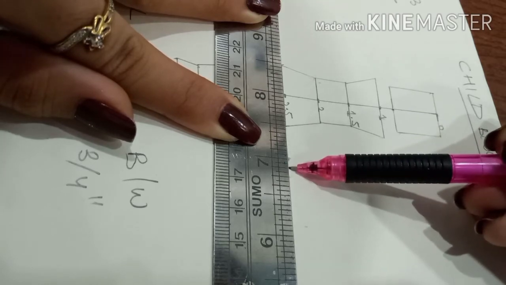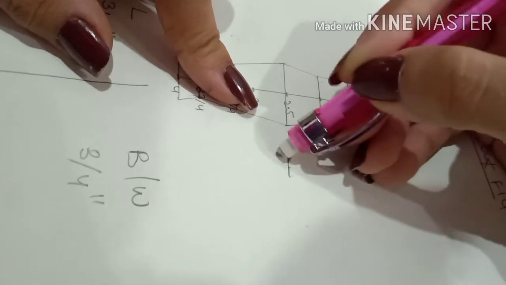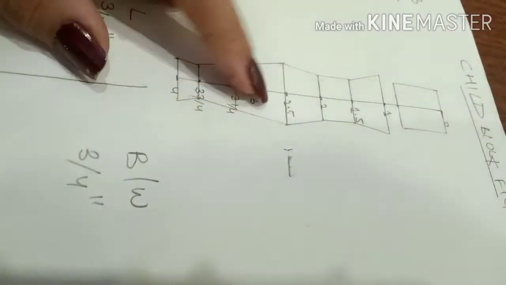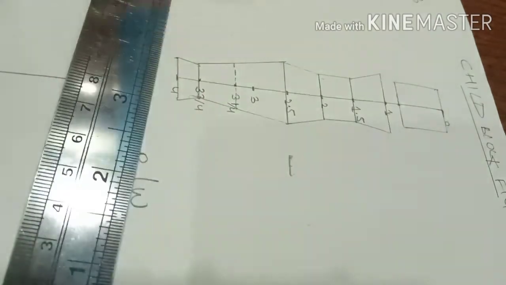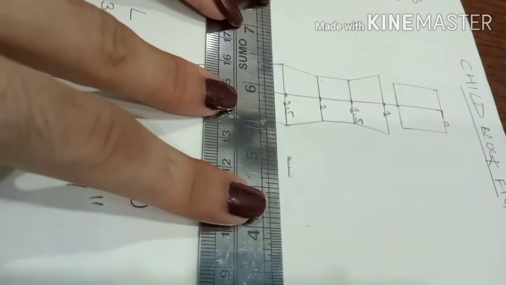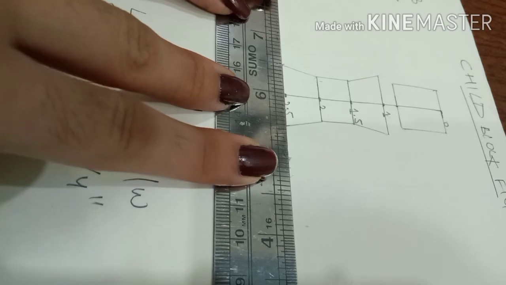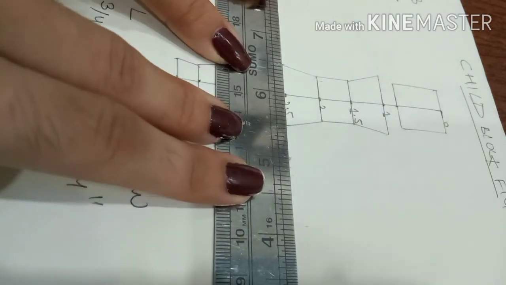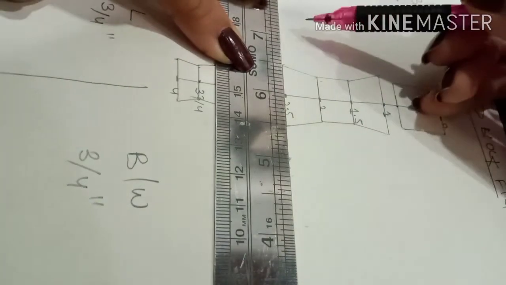And now mark the center of this line. Same on this side, the distance of half inch, and mark the 1/4. This is the difference of half inch.